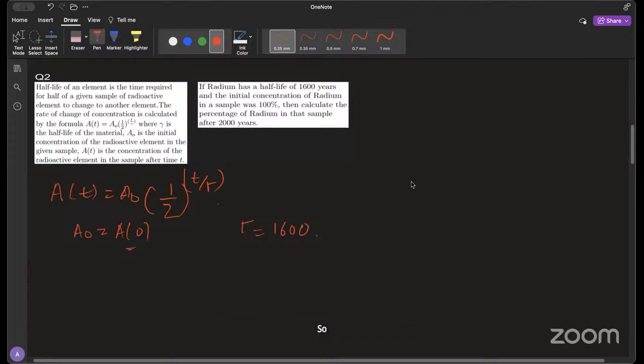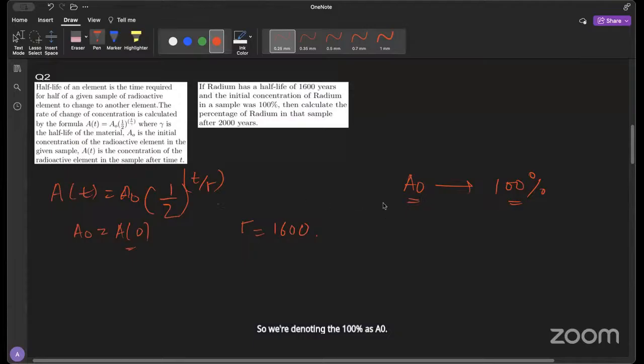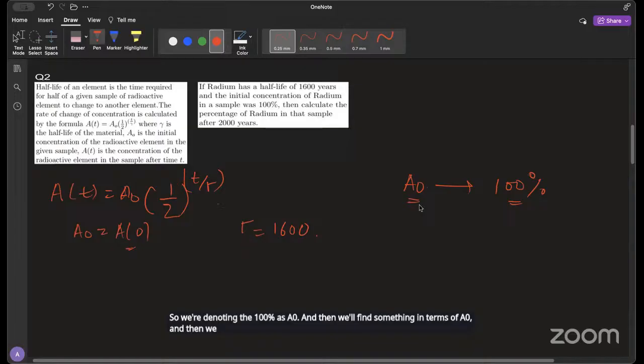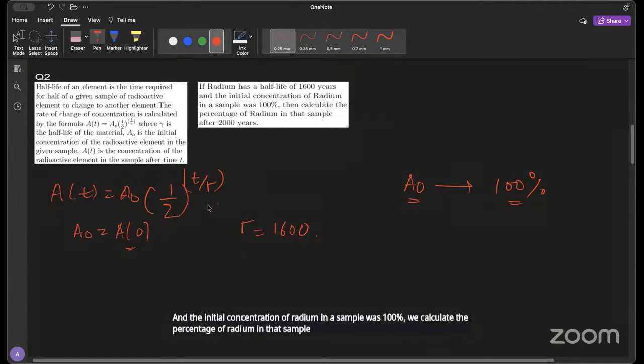So we'll just assume the initial concentration is A naught, and denote the 100% as A naught. Then we'll find something in terms of A naught, and then find the percentage of that with respect to A naught. We calculate the percentage of radium in that sample after 2000 years.